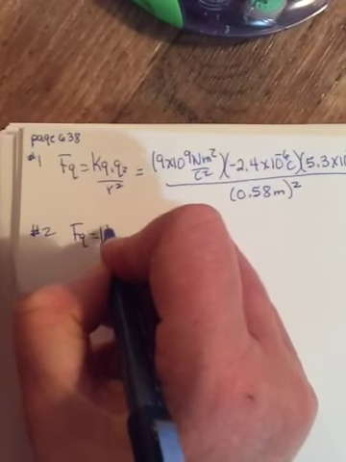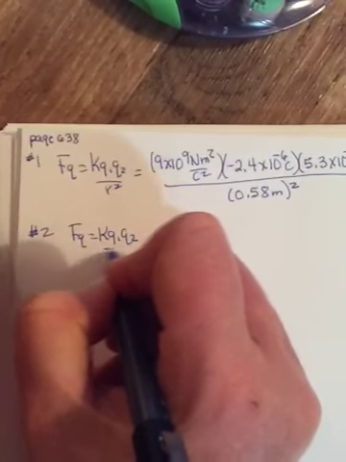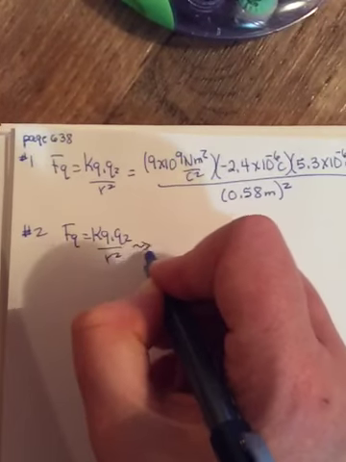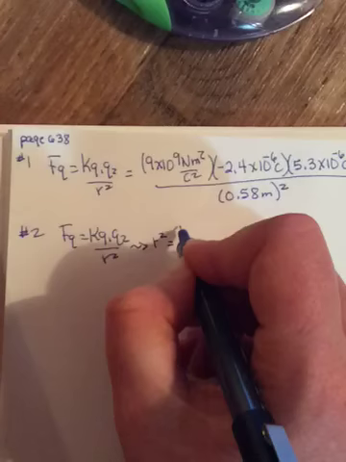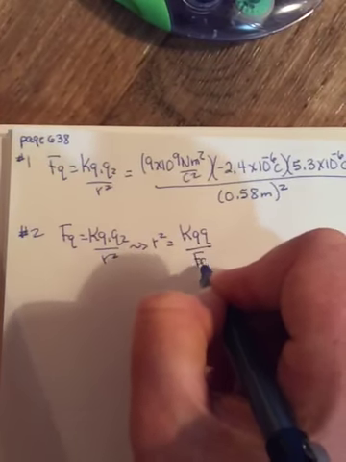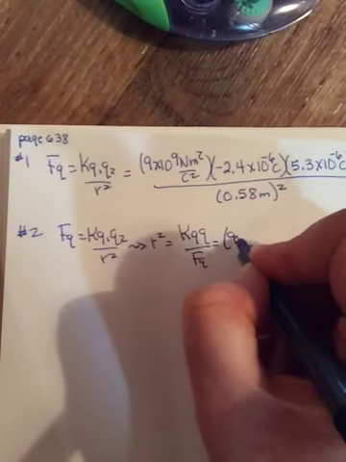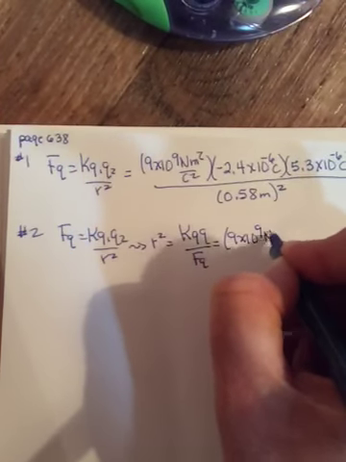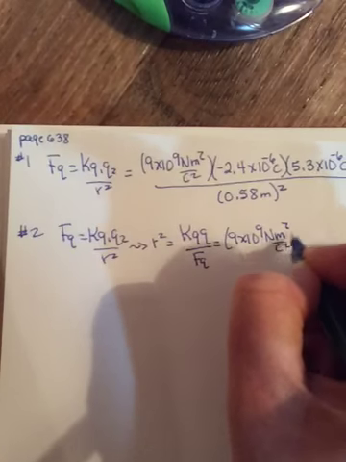So F_Q is equal to k Q1 Q2 over r squared, but this time you're solving for r, so you need to rearrange: r squared equals k Q Q over F_Q. So 9 times 10 to the 9th newton meters squared per coulomb squared.